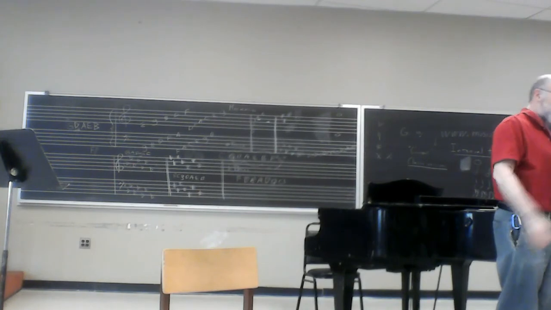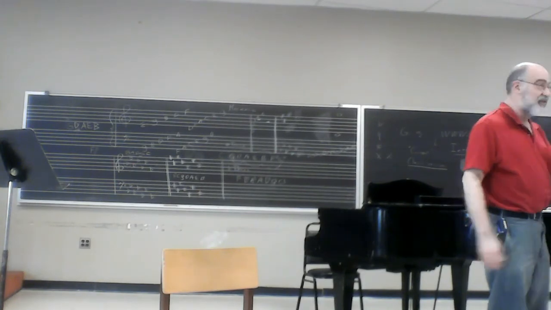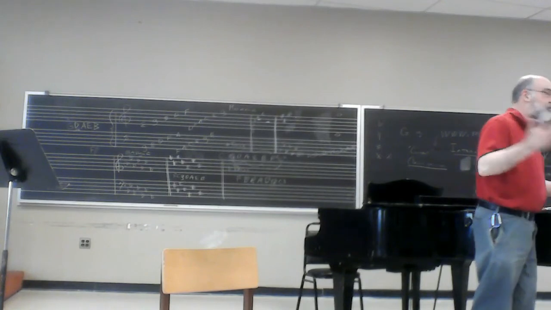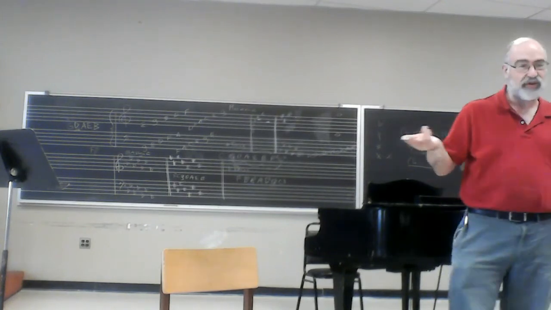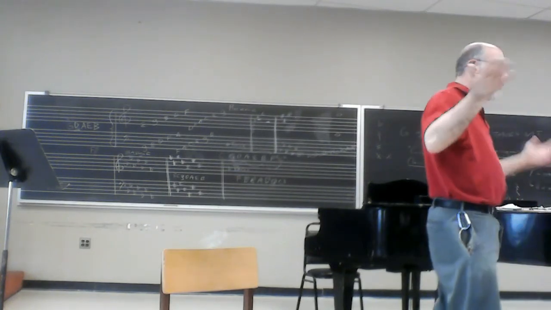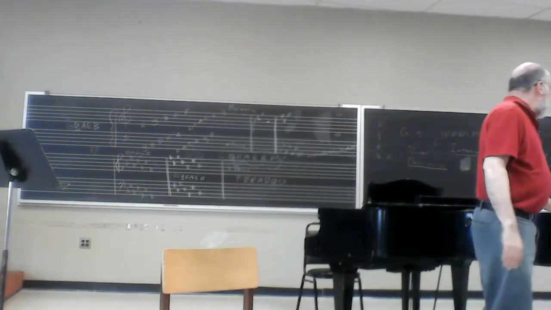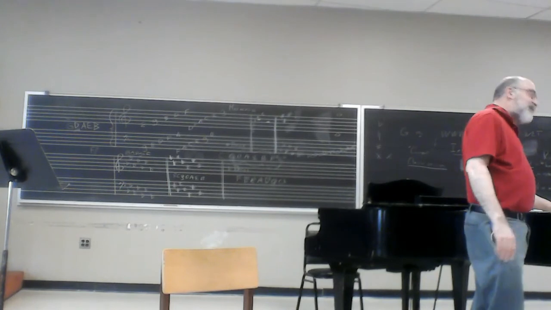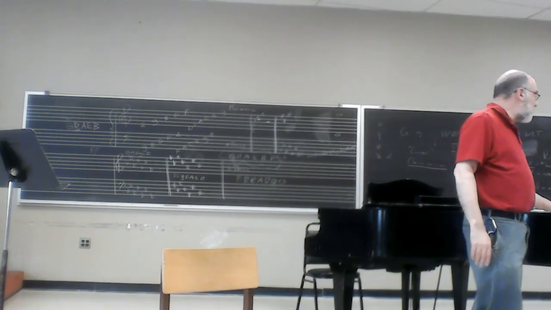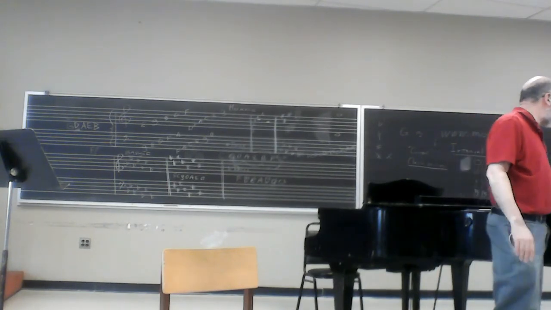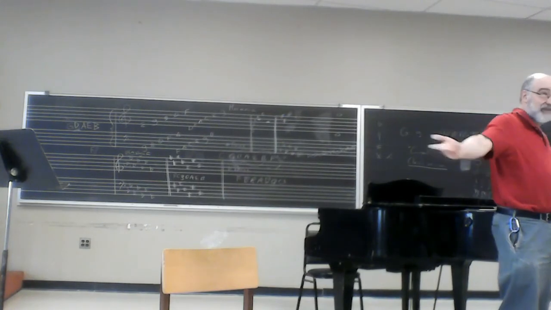Now, what is the structure of the major tetrachord? Between the first two is always a whole step, then whole, then half. That's true over here as well. And the two tetrachords, because I think a lot of you missed this on the exam, are connected by a whole step.